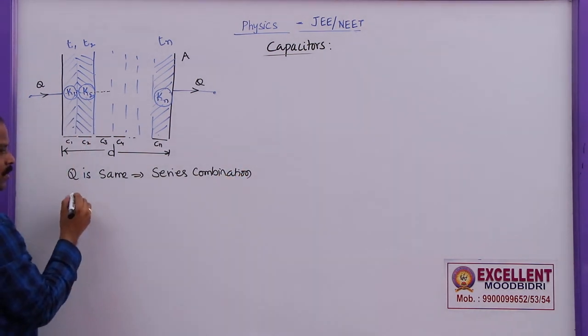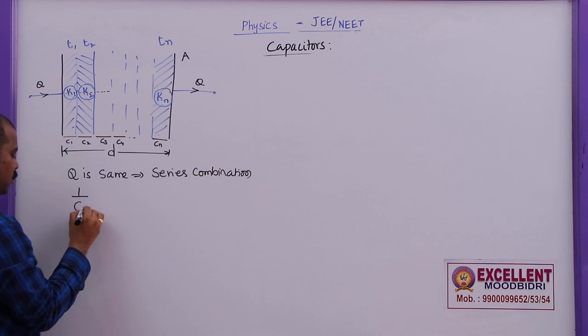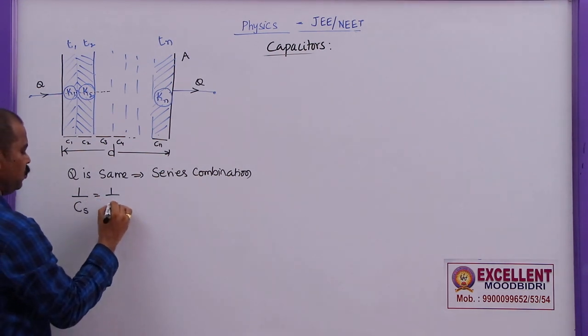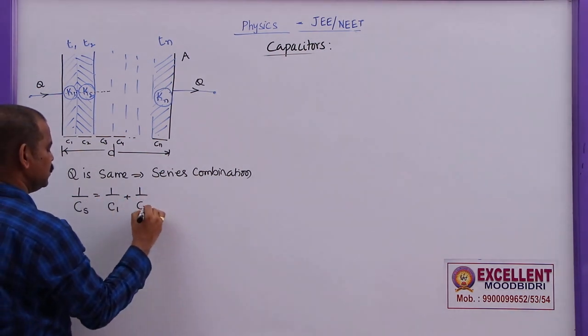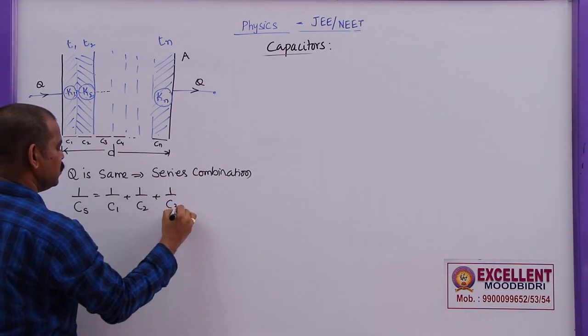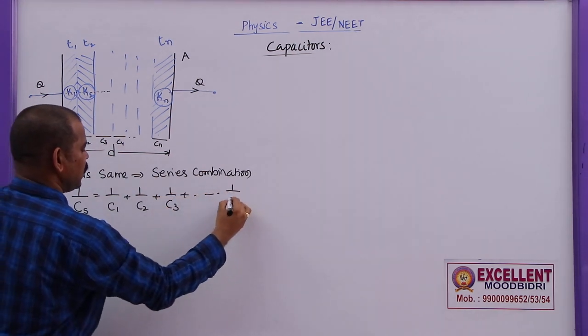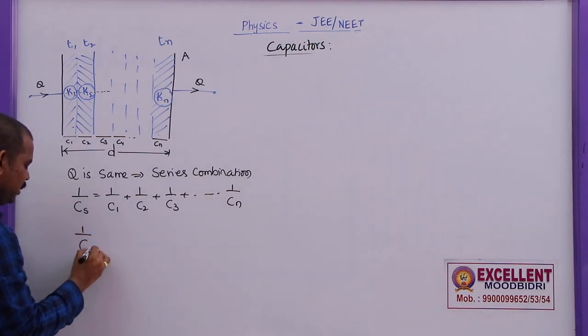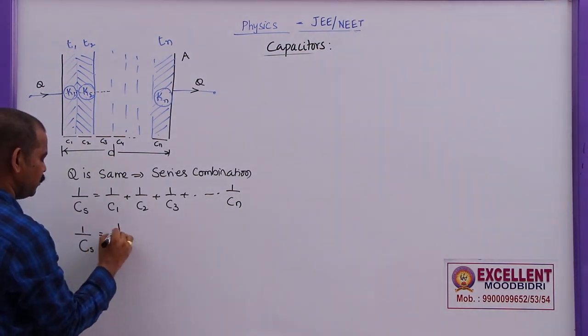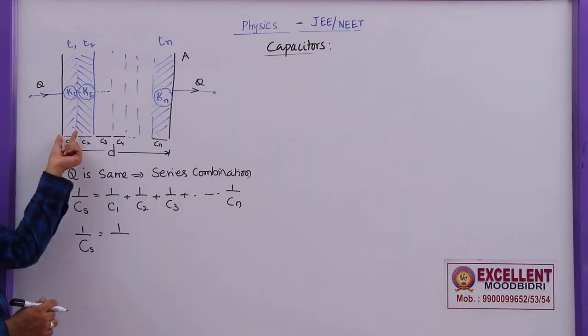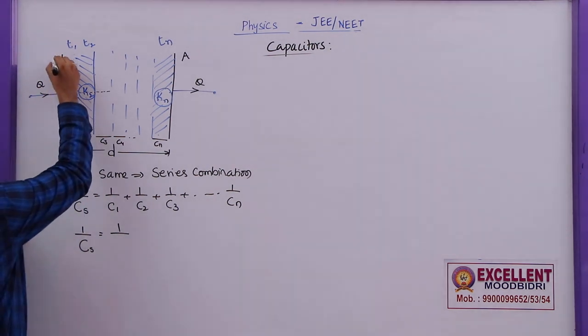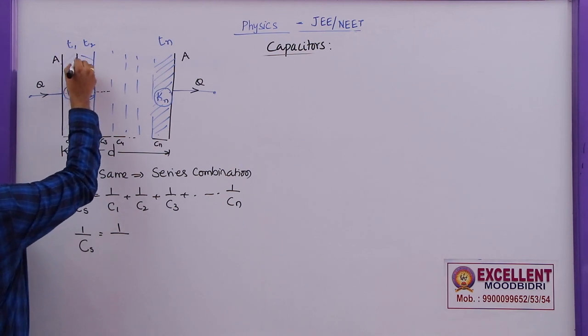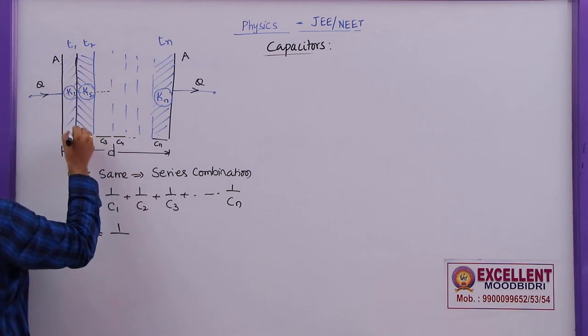So, in this series combination we have the formula 1 by Cs is equal to 1 by C1 plus 1 by C2 plus 1 by C3 and so on up to 1 by Cn. Now, what is the capacitance of the first capacitor? Here the plate area is A, and for this plate the area on both sides is A only.